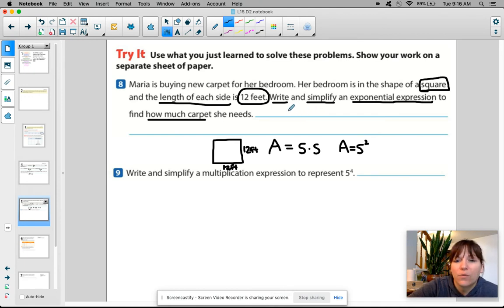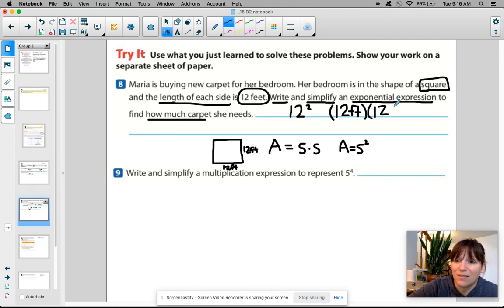So writing it, we're going to use our area equals side squared. So that's 12 squared, okay? Actually, I should say it's 12 feet squared. So it's 12 feet times 12 feet.